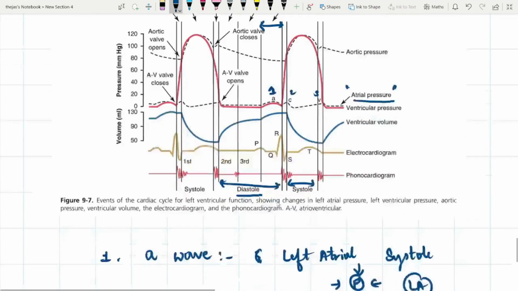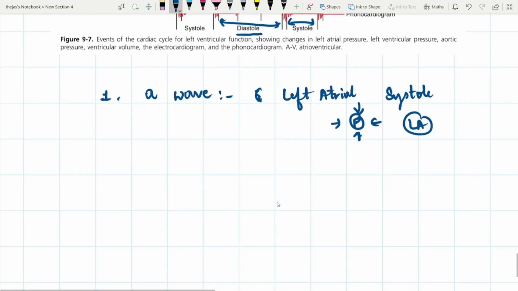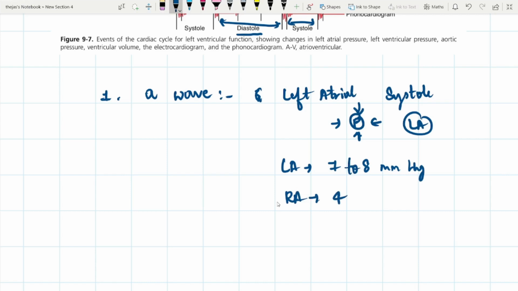So the A wave occurs due to left atrial systole. In the left atrium, the pressure goes from 7 to 8 mm Hg. In the right atrium, the pressure increases from 4 to almost 6 mm Hg, 5 or 6.